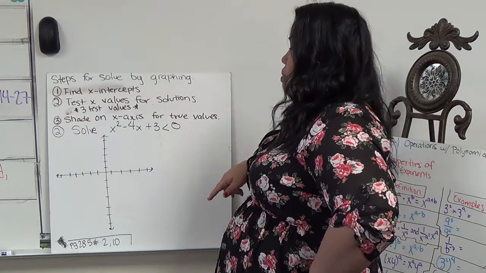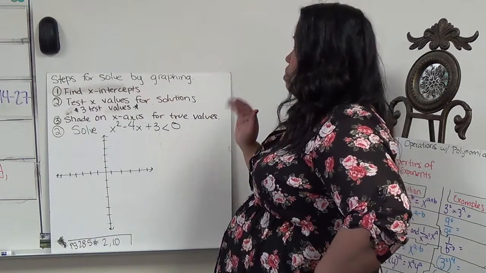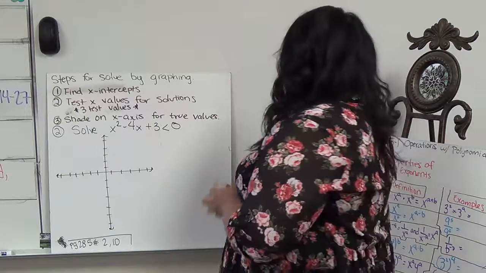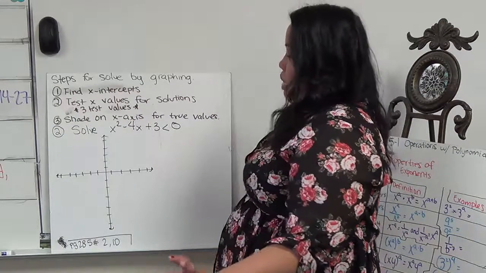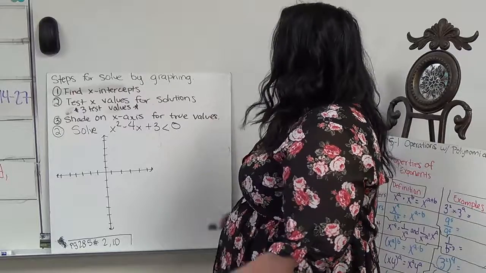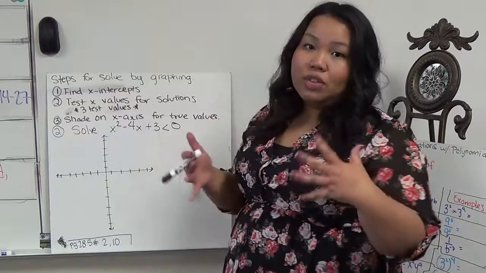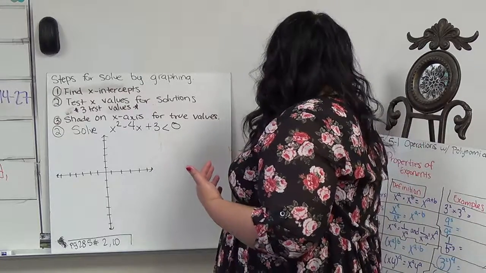We're going to test 3 values, and I'll show you what I mean, and then we're going to shade on the x-axis. So it's a whole new concept. It's a combination of things that you've learned, but it's going to be kind of different and weird.